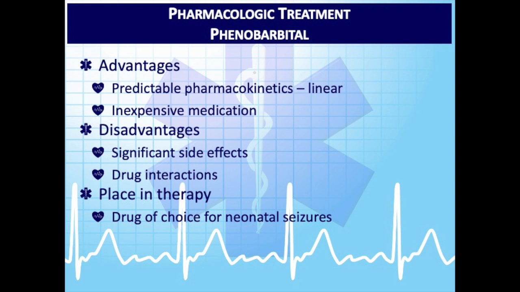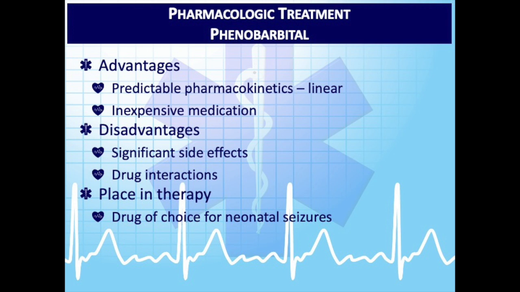Advantages, a lot of times you'll see that phenobarb is cheap. Its kinetics, with this absorption and half-life, like I talked about over here with the benzodiazepines, are pretty linear. So if the patient's still having seizures and you draw a level and their level is low, you can give more drug, pretty much twice the amount you gave the first time, and you'll get double the concentration.